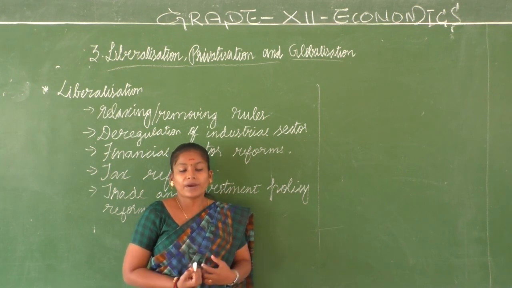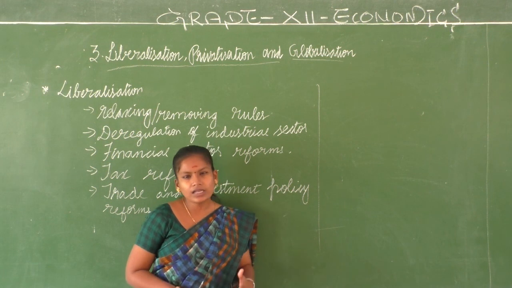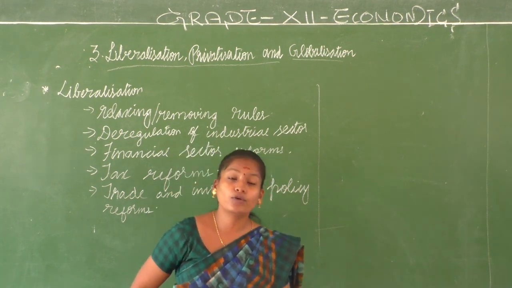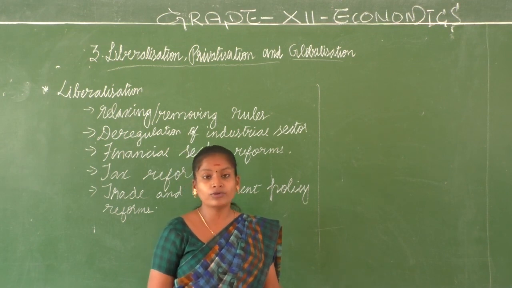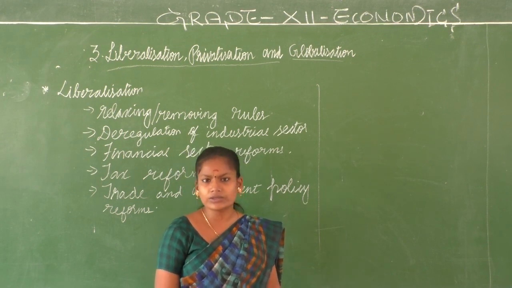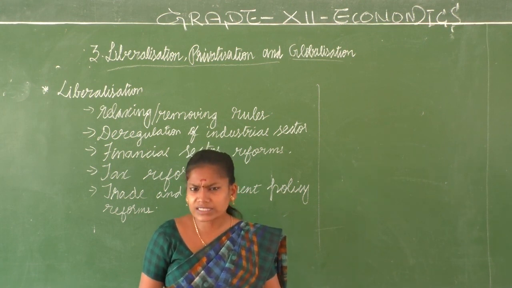So customers' choices were very few. With no choice, we had to buy only those products. They were very comfortable producing however they wanted. It was a great negative aspect, isn't it, children?